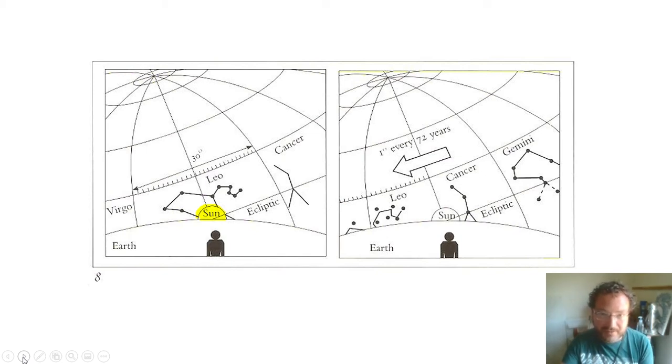Now this means that the sun at the moment, on the spring equinox, when it rises, we're on the cusp of Pisces and Aquarius, that's the rising point of the sun. Now, 2,000 years ago, obviously there had been a longer shift over time, 72 years for 1 degree. It meant that the sun was rising at the kind of start of the constellation of Pisces.